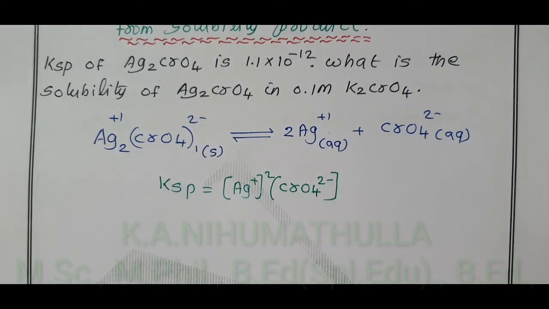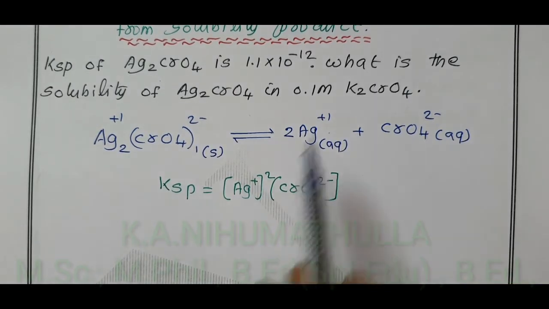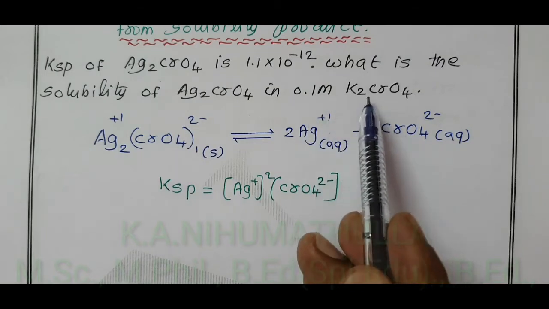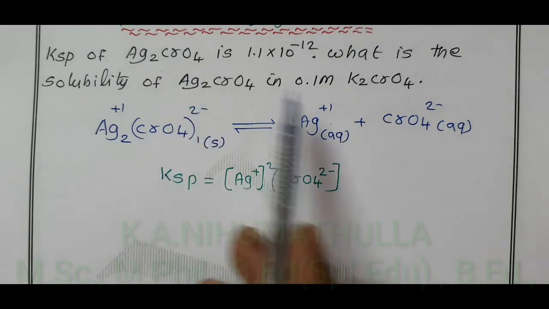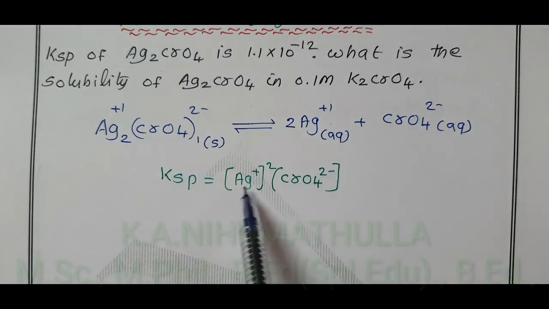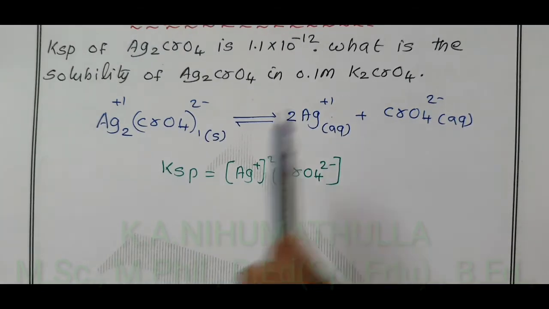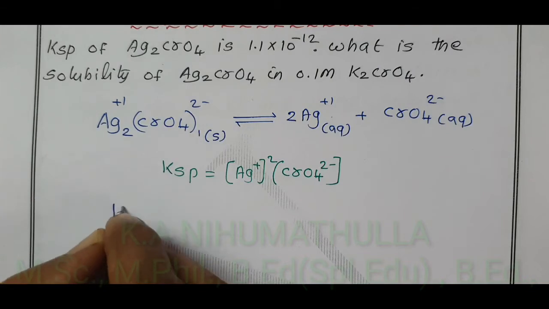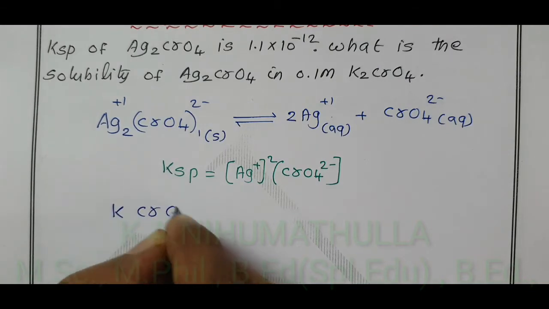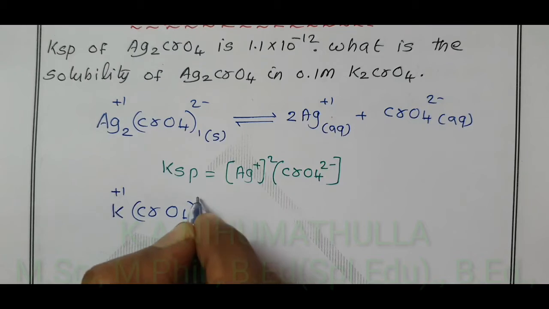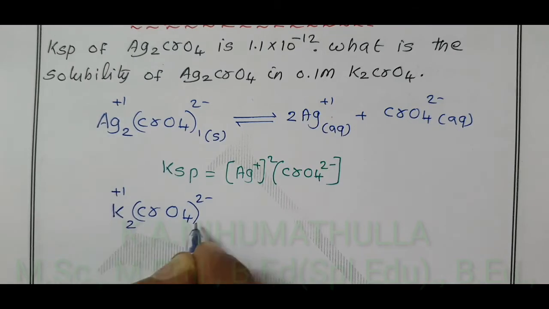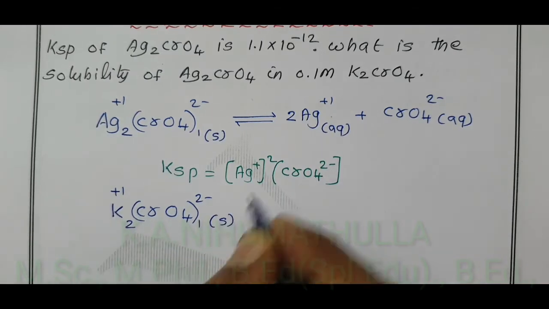One more compound is given in our problem, 0.1 molar K2CrO4. If two compounds are given, from these two compounds we have to find out the concentration of Ag plus ion and chromate ion. Potassium chromate, K2CrO4, potassium monopositive alkali metal, CrO4 2 minus, that 2 is here, this one is there, in solid state.